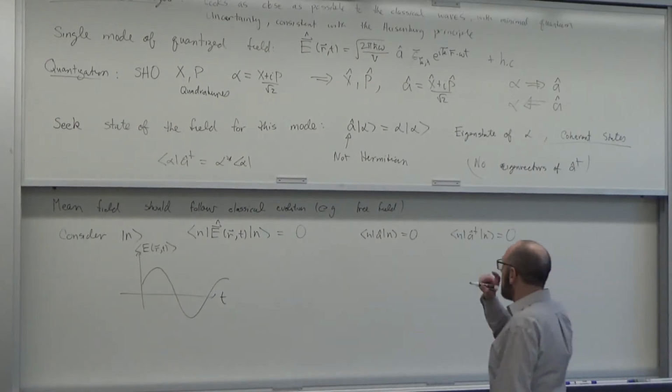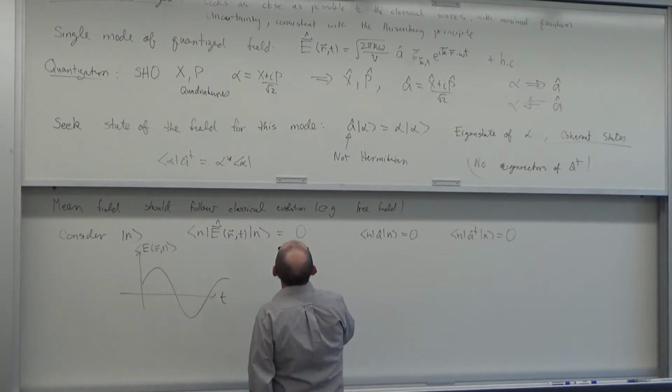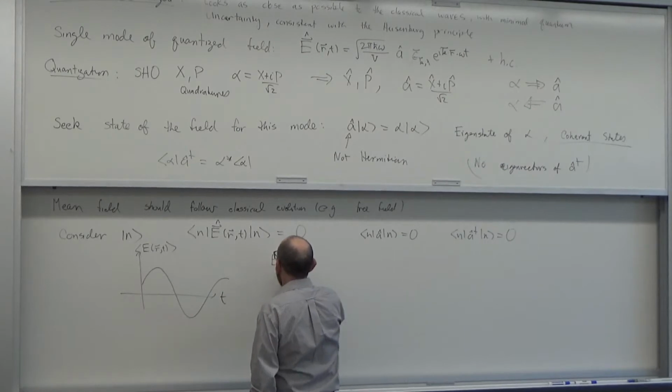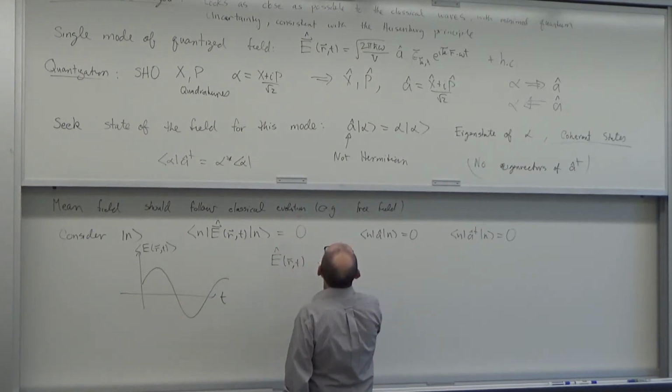So let's calculate that. So firstly, I'm going to forget about the vector nature. And I'm just going to take it to be linearly polarized and just take the vector out. I'm going to rewrite this.